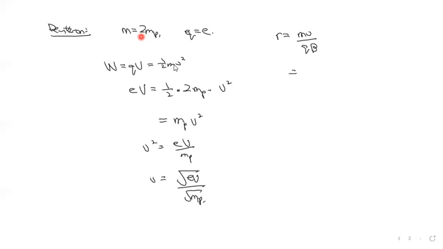In this case, that's 2 times the mass of the proton times the velocity, which is root eV over root m_p, divided by Q, which is e, and divided by B. Of course, we can see that this cancels out.